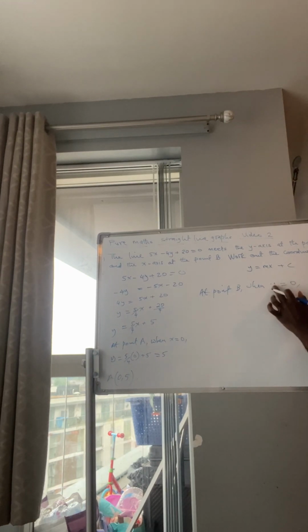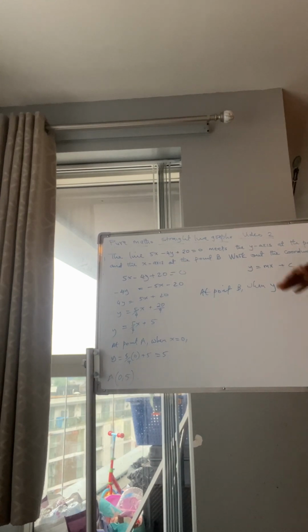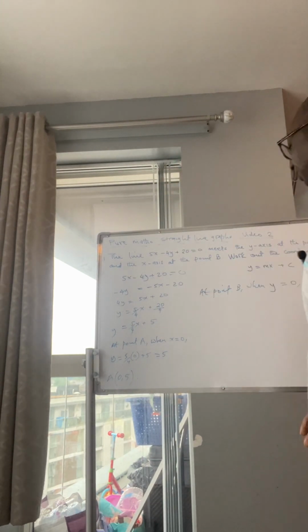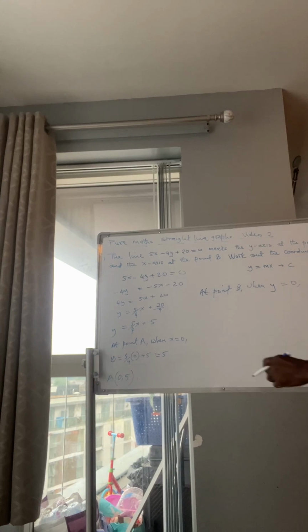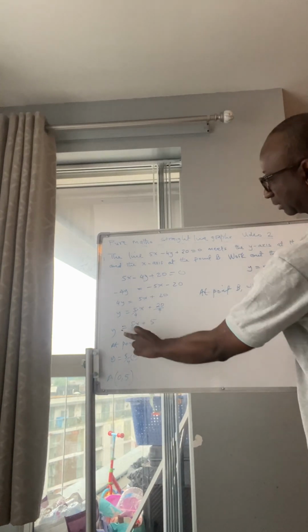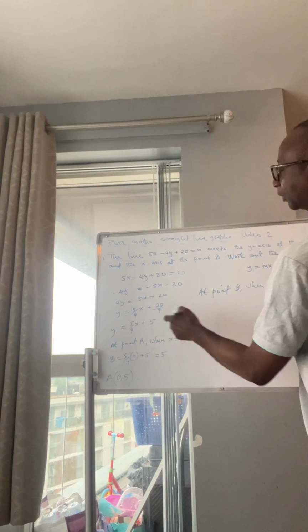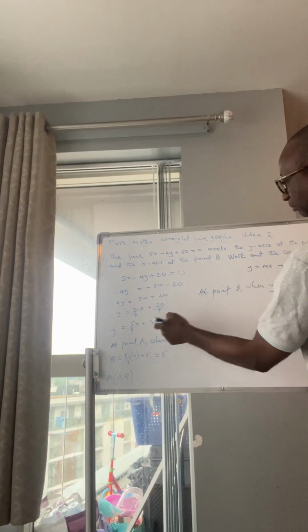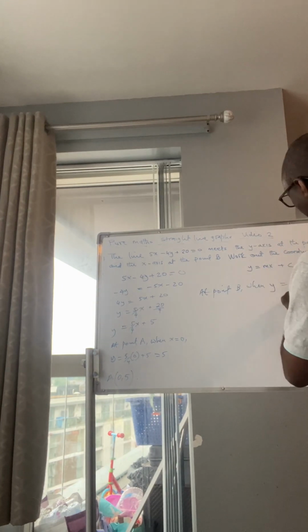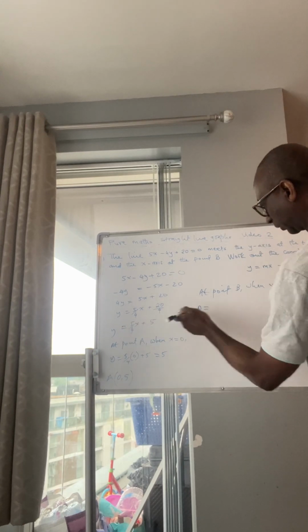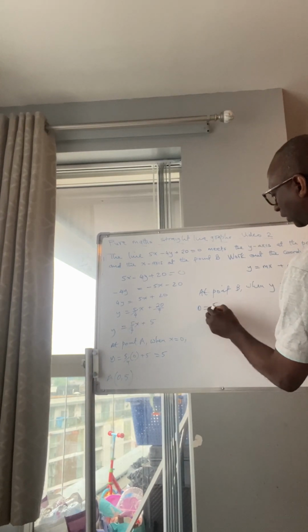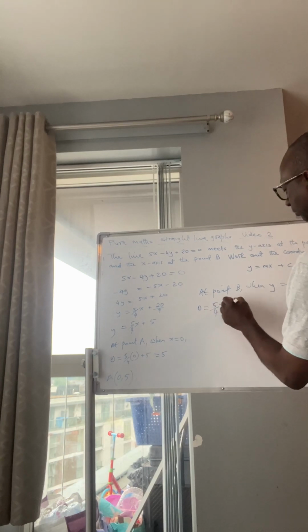On the x-axis, we know y is 0. On the y-axis, x is 0. So at point B, when y is 0, we are now looking at the x-axis. So from this same equation here, we say y is 0 at this point. If y equals 0, then 0 equals 5 all over 4 x plus 5.